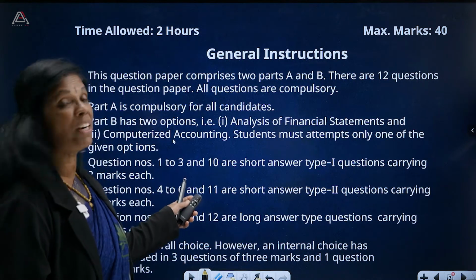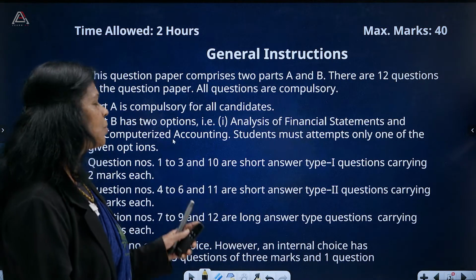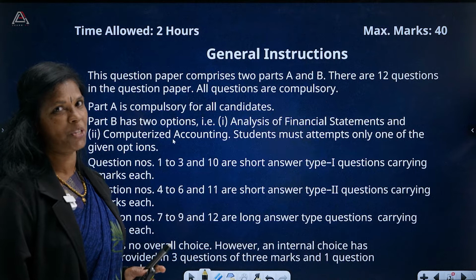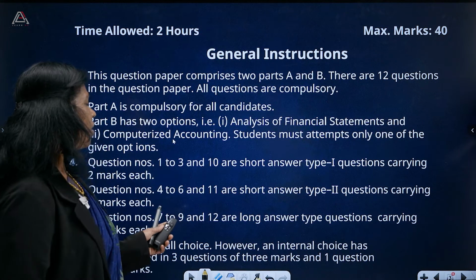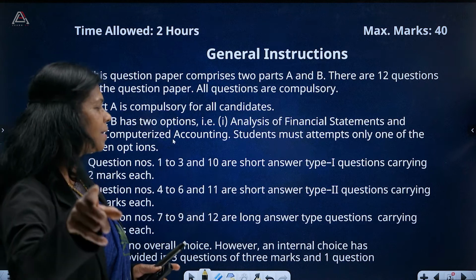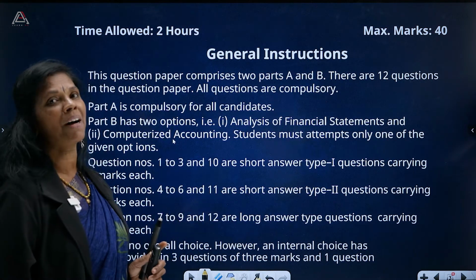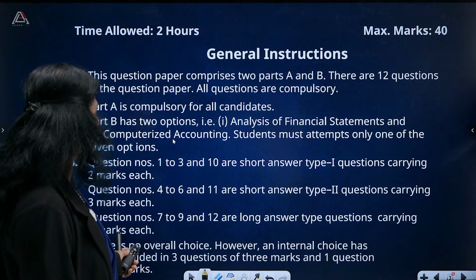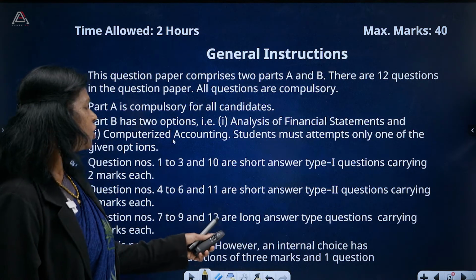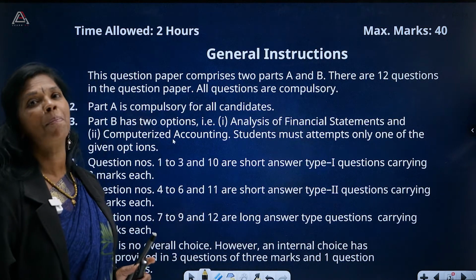Then question numbers 1 to 3 and 10 are short answer type 1 questions carrying 2 marks each. Then question numbers 4 to 6 and 11 are short answer type 2 questions carrying 3 marks each. Then question numbers 7 to 9 and 12 are long answer type questions carrying 5 marks each.